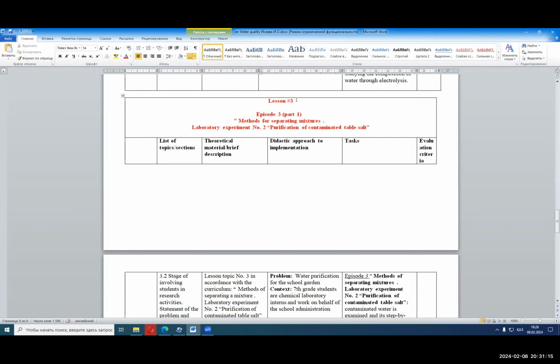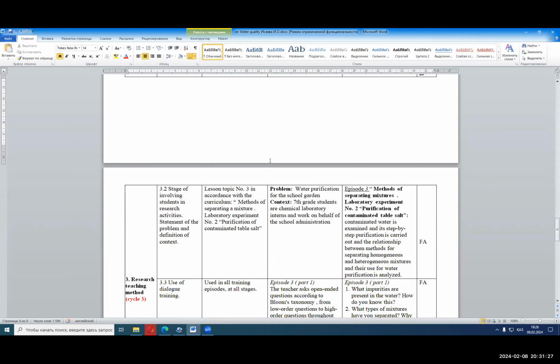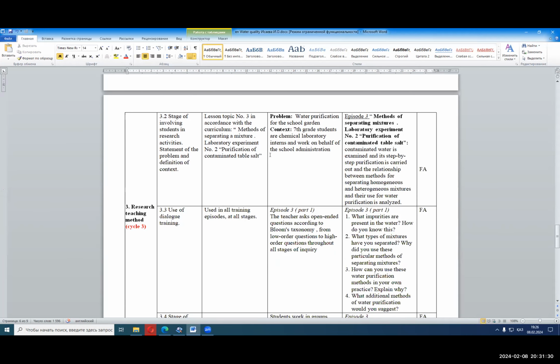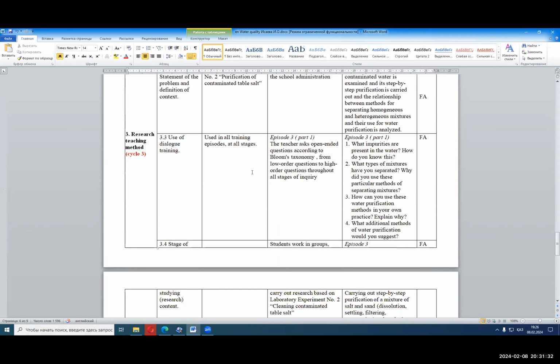Our next lesson, the 3rd lesson, is purification of contaminated table salt. It's from our national curriculum, so we have this topic, purification. Then we discuss purification, and then finally go to the water treatment plant.